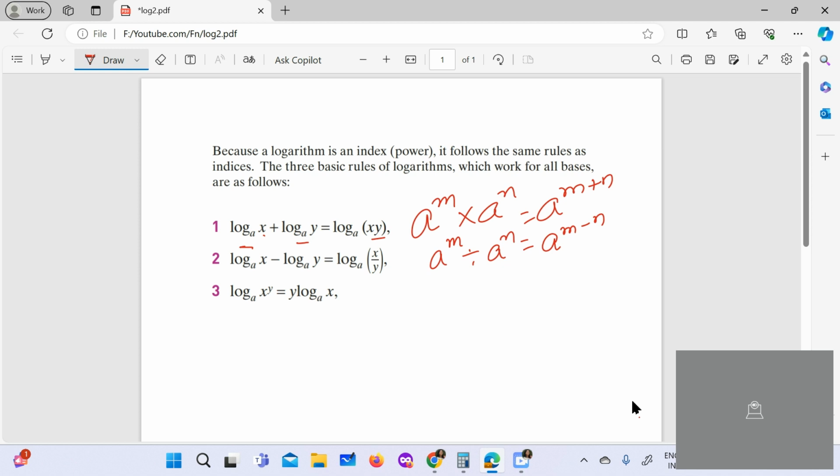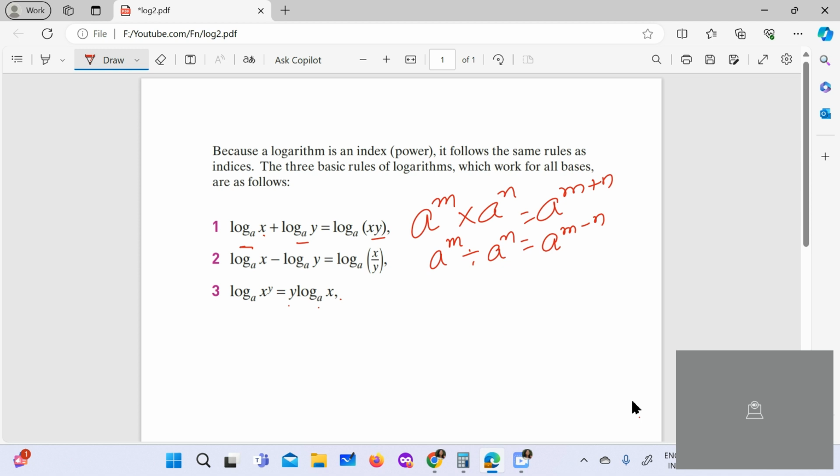And here you have log base a x to the power of y, which is nothing but y log base a x. These are the three basic rules. Is this clear to you?